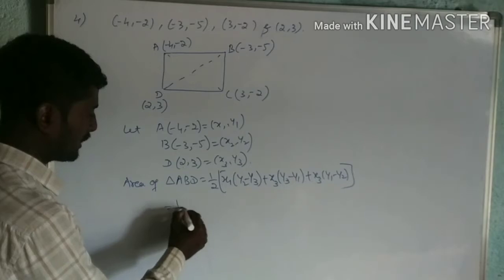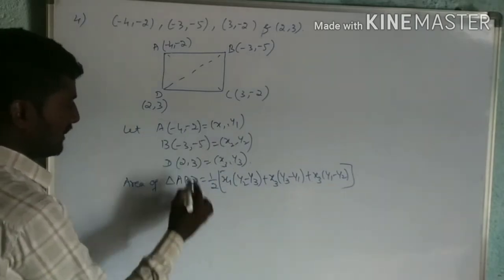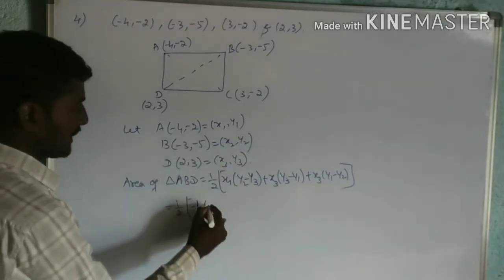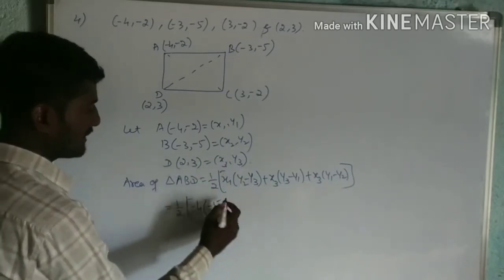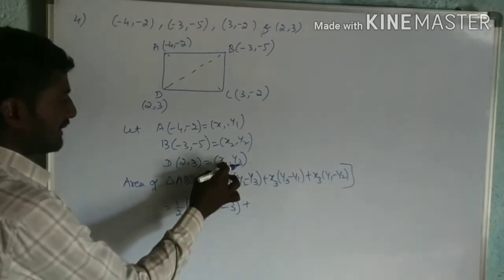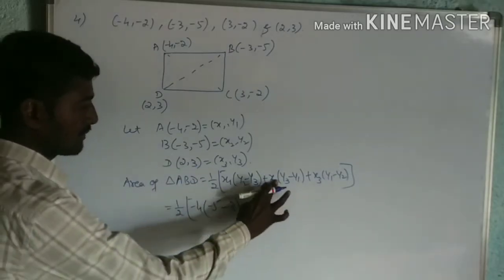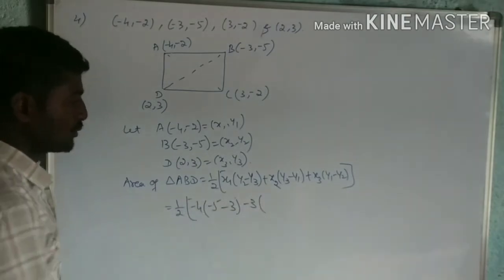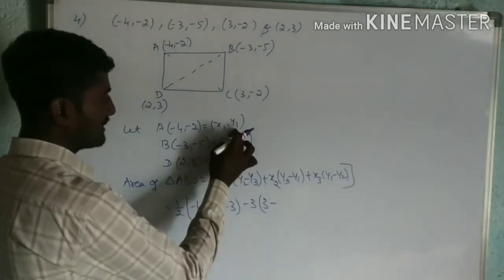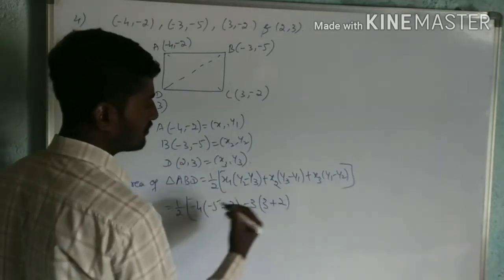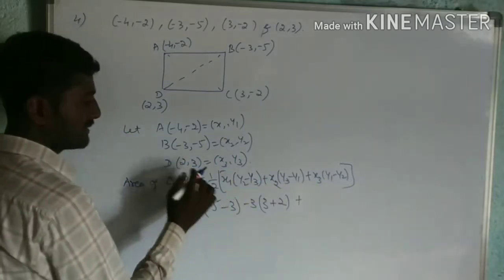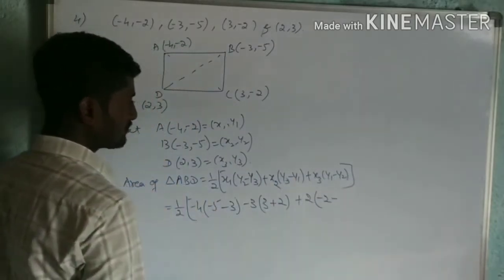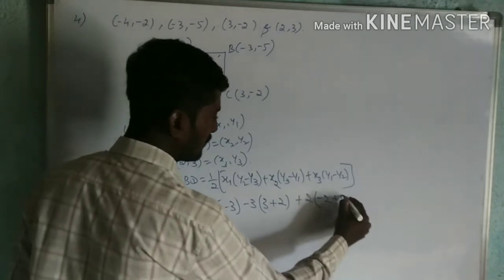Now substitute the values. 1 by 2 into x1, which is minus 4, into y2 minus y3, y2 is here minus 5, minus y3 which is 3, plus x2, which is minus 3, into y3 minus y1, that is 3 minus y1, minus into minus plus 2, plus x3, which is 2, into y1 minus y2, y1 is minus 2, minus y2 is minus 5, minus into minus plus 5.